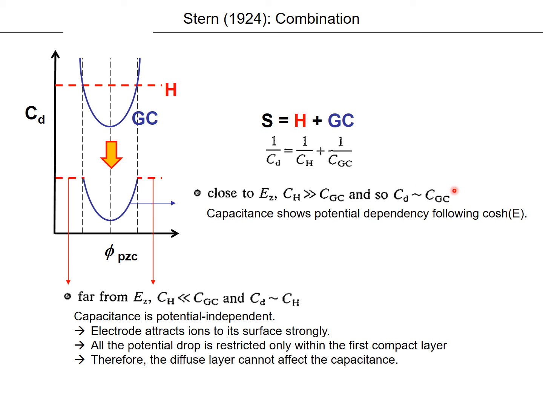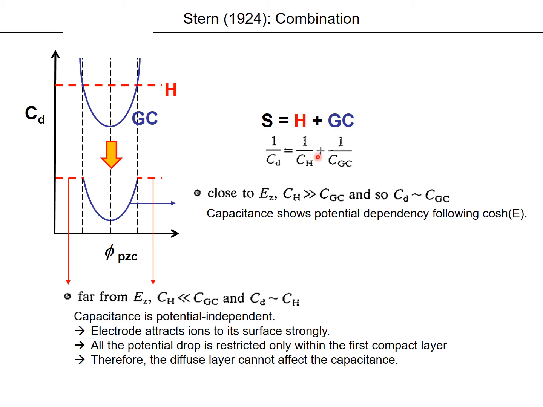And let's go to the potentials here and there, far from the point of zero charge. So we will focus on this region and this region. In that case, the Gouy-Chapman capacitance is much larger than the Helmholtz.